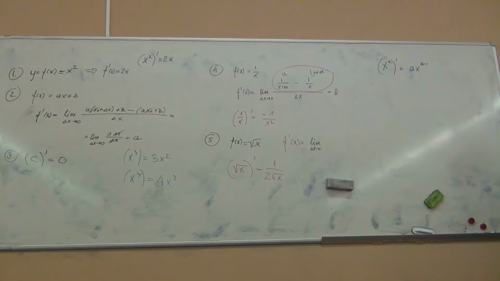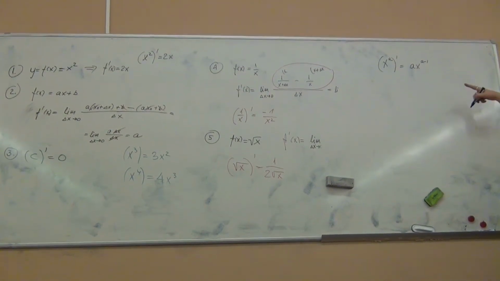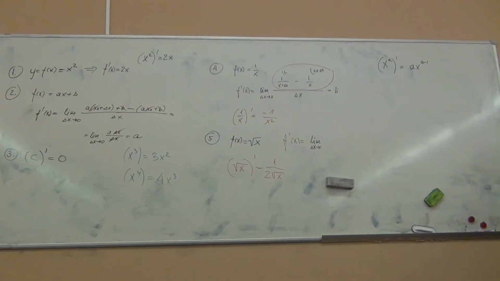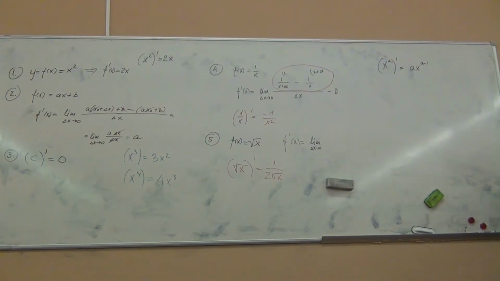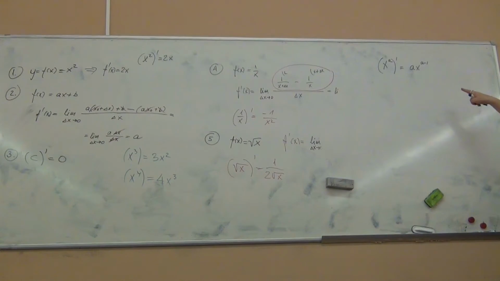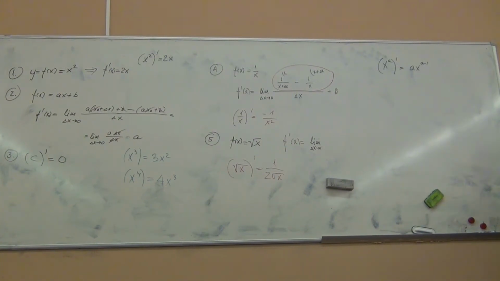In other words, when deriving, the exponent becomes the coefficient, and the actual exponent of this power function gets decreased by 1. I'm not writing n because when we write n, we generally presume natural numbers, positive integers, but I write a because we can prove, we just won't, that a could be any real number.